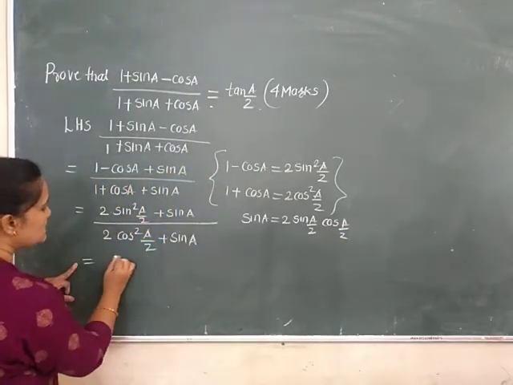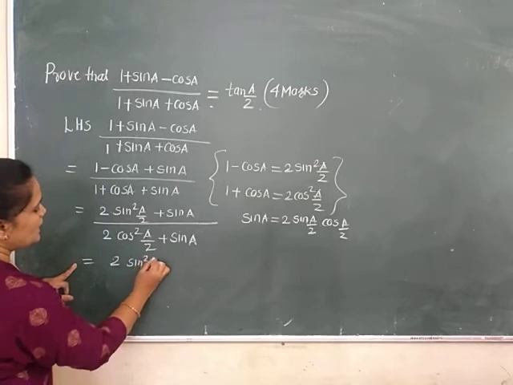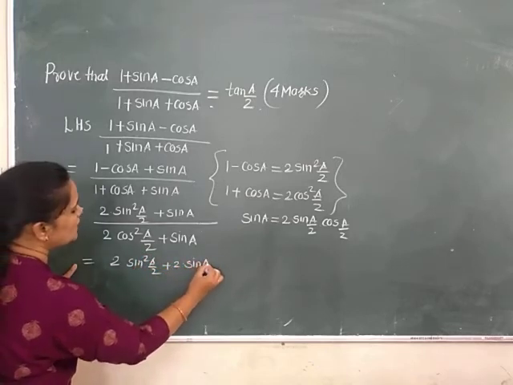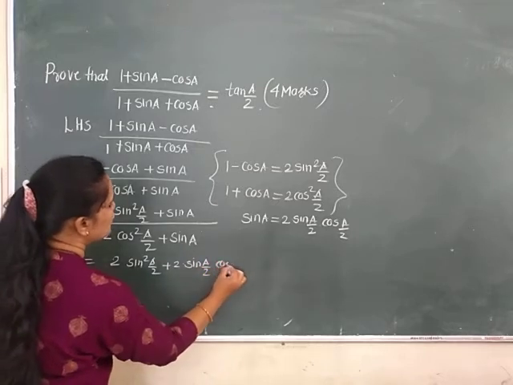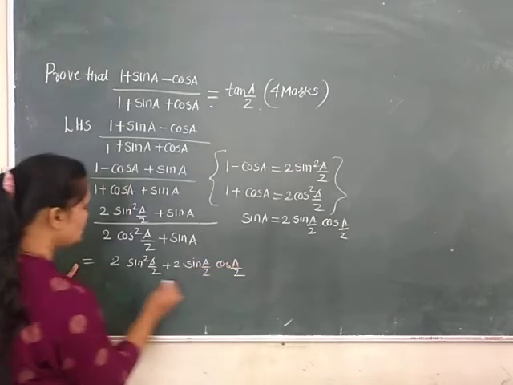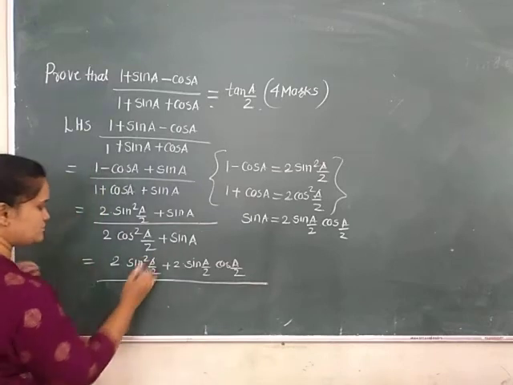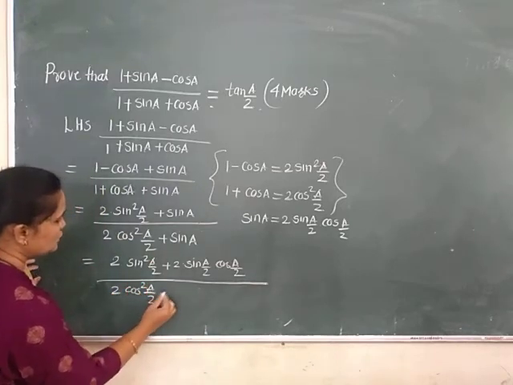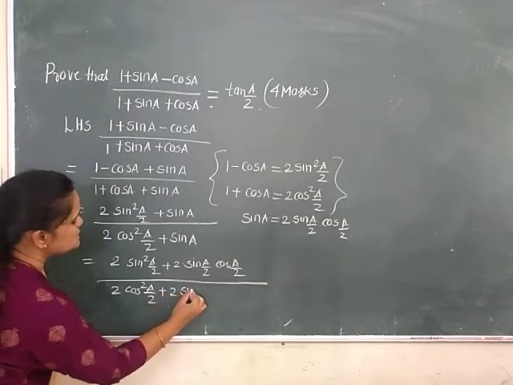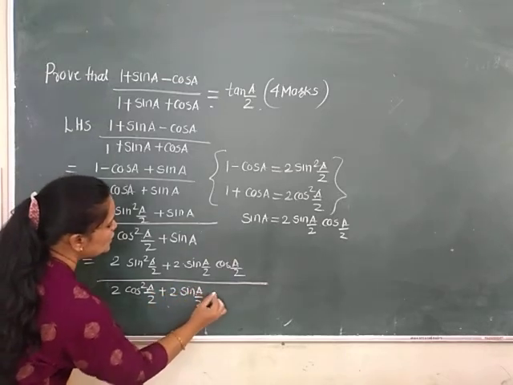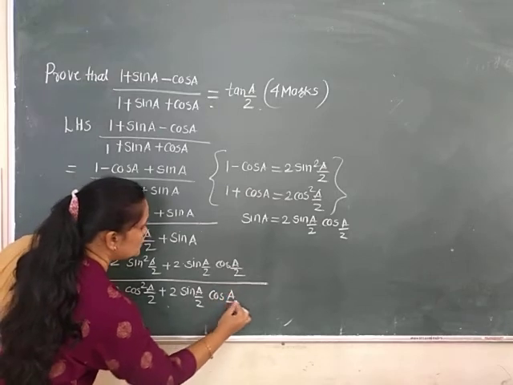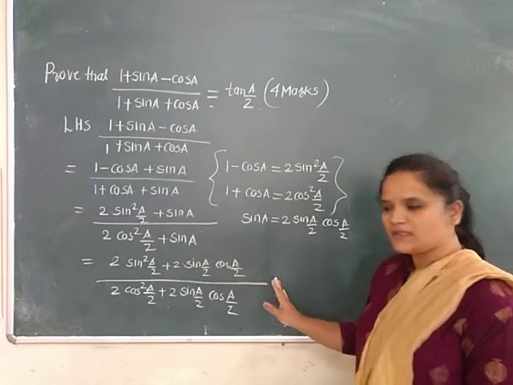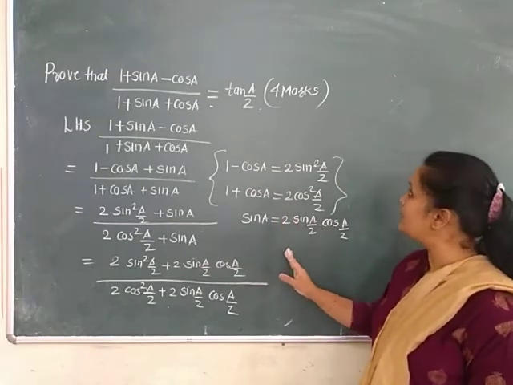So this becomes 2 sin square A by 2 plus 2 into sin of A by 2 into cos of A by 2, divided by 2 times cos square A by 2 plus 2 times sin A by 2 into cos A by 2.